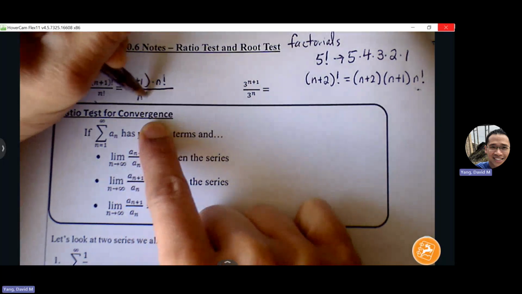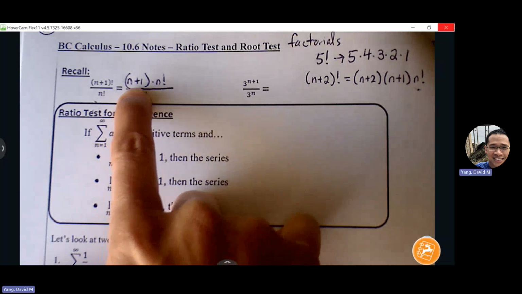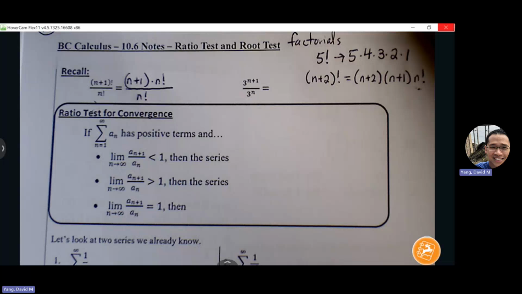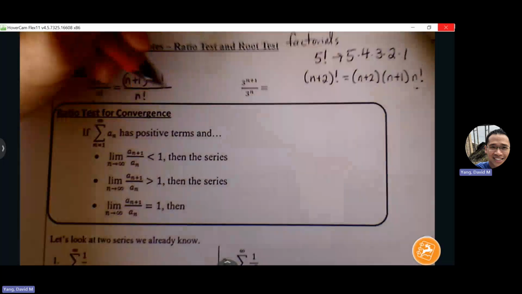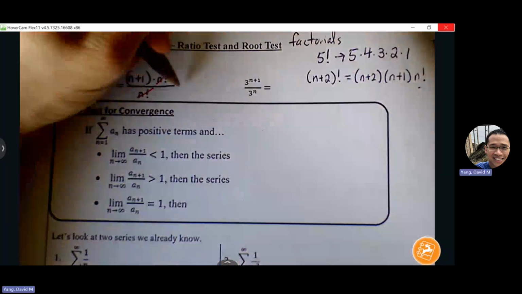Once we find a match to the denominator, we can stop, because that allows us to reduce. That makes sense. n plus 1 factorial, same thing as n plus 1 times n factorial. We good with that? Okay. So this allows us to reduce, and we're looking at n plus 1.